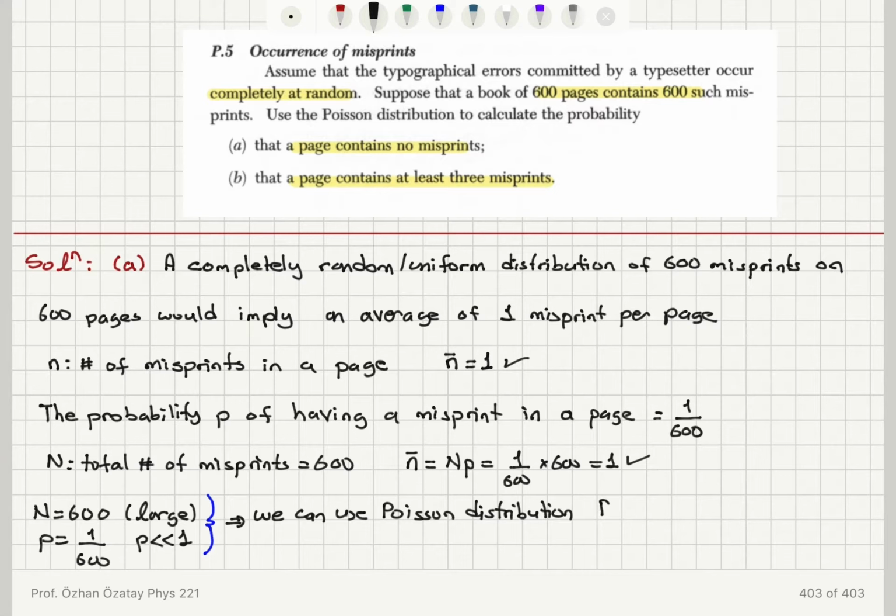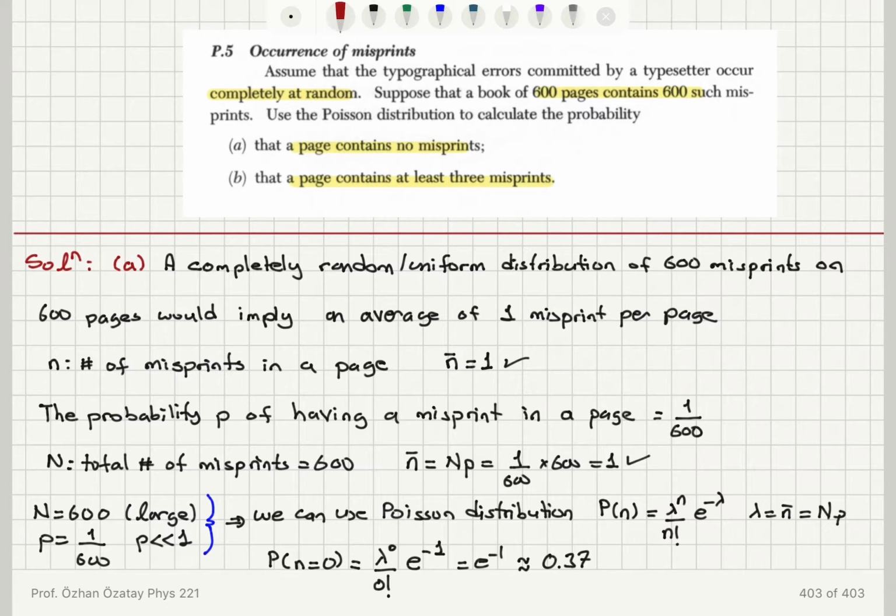The Poisson distribution for n is lambda to the power n divided by n factorial, times e to the minus lambda, where lambda is n bar, which is capital N times P. So the probability of n equal to 0 is lambda to 0 over 0 factorial, e to the minus lambda, which is e to the minus lambda, approximately 0.37.